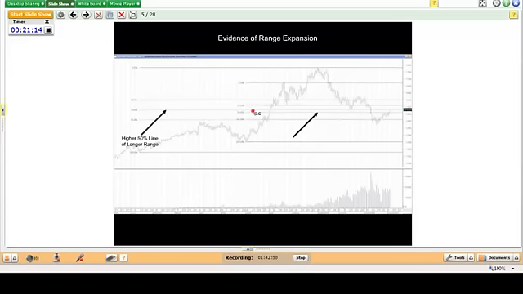The fact that this larger range has the 50% Fibonacci retracement zone slightly above the lower 50% of the smaller range is an indication that the range, this entire move up, is expanding. That's evidence of an expansion.